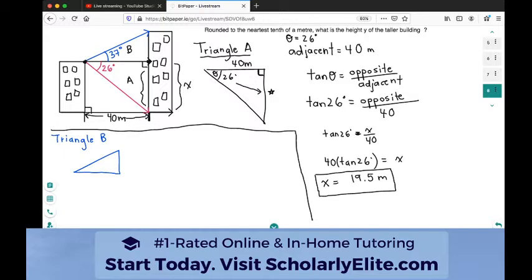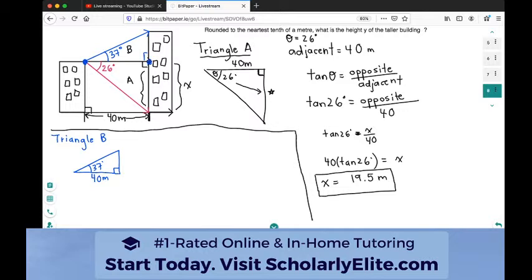Okay, so again, this is a 90-degree angle, so that's going to be 90 degrees here. This is 37 degrees. And we need to know what this tall part of the building is. Well, just like I said before, if we know that the bottom part is 40 meters, then I also know that this here is 40 meters. Again, from here to here, that's 40 meters.